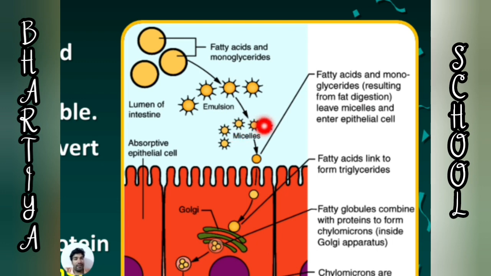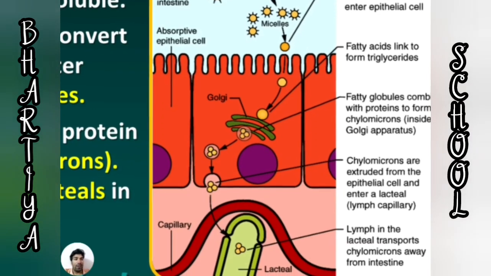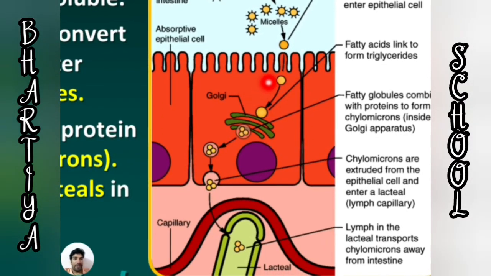These micelles enter into the epithelial cells of the small intestine, the inner lining. Inside, the fatty acids link to form triglycerides.